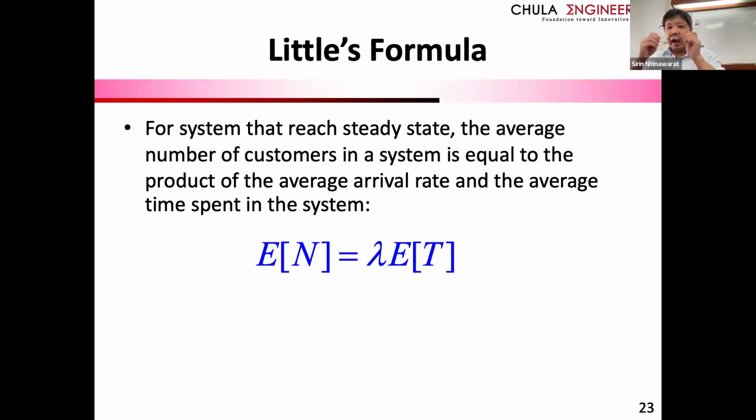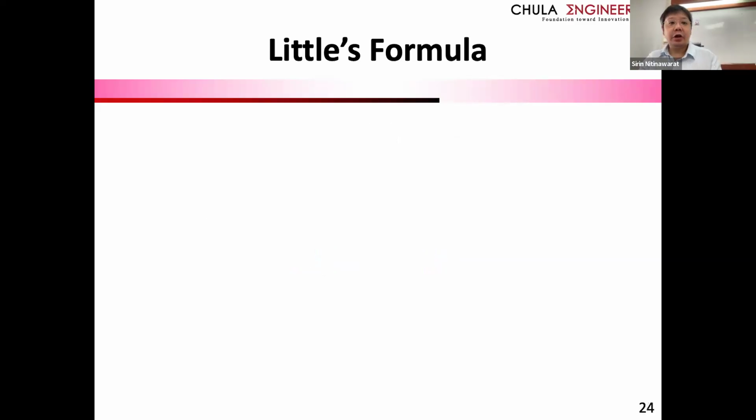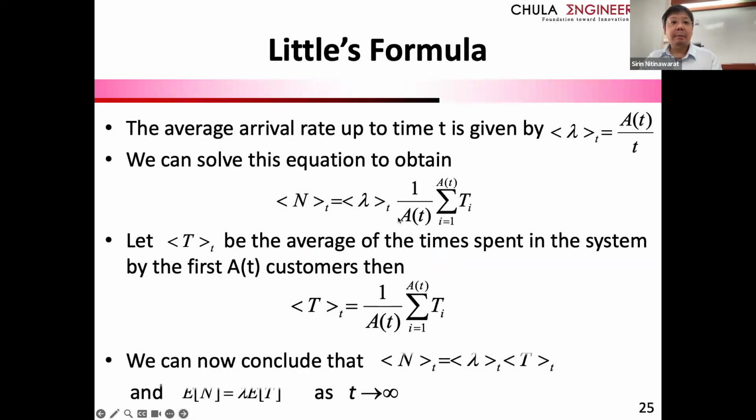And we gave quite a solid justification of Little's formula, remember? This formula is quite fundamental and will be a crucial tool that we will use to analyze upcoming concrete different queuing systems.